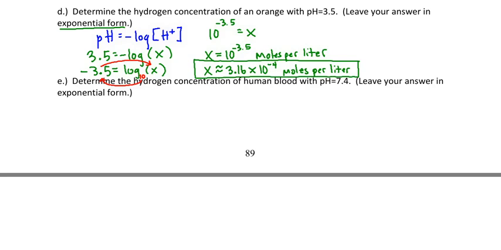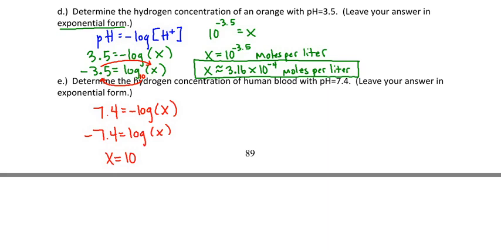The next question is similar. Determine the hydrogen concentration of human blood with a pH of 7.4. And again, leave your answer in exponential form. So we'll take human blood pH 7.4 and we'll solve for the hydrogen ion concentration, which I'm just going to call X. Divide both sides by a negative and then convert to exponential form.